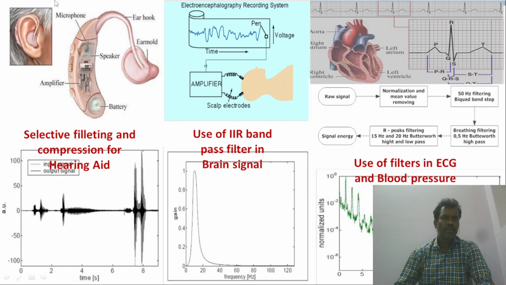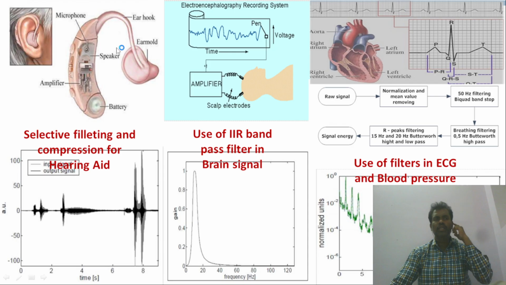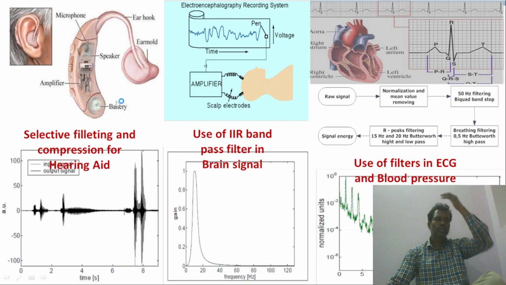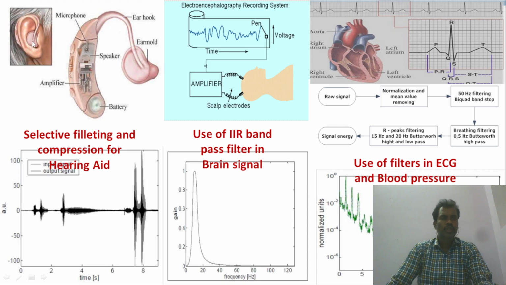If anyone has lost their hearing sense, a specialized device is worn by the person so that he can hear all the sounds, audio. This contains signal processing operations like amplification and filtering.